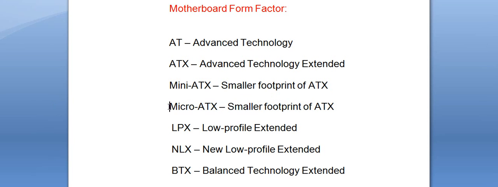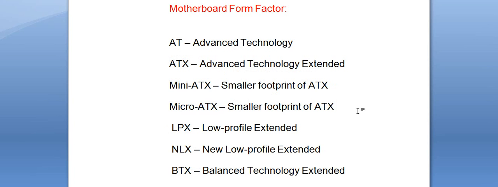I'm pretty sure I've got a PC that's at least about 4 years old, and that has a micro ATX motherboard form factor. So that's an indication that these two are probably not even used anymore. But as we're beginning here, this is just something to get you started, to get you used to what form factors are in motherboards.